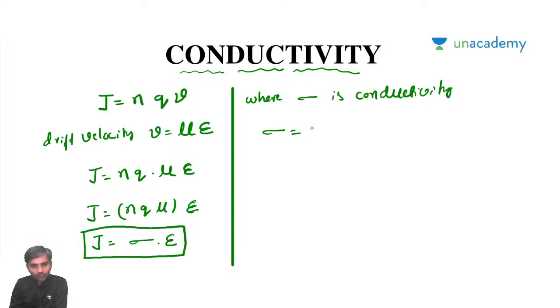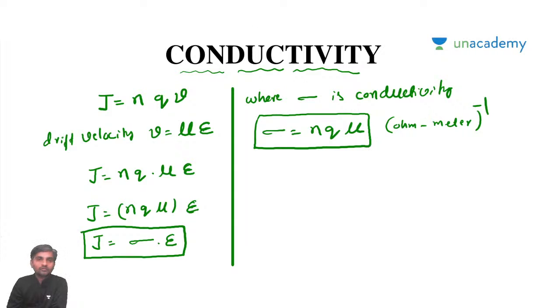Sigma is equal to N Q mu. What are the units for this? The units are going to be ohm meter inverse. Ohm meter inverse is the unit of the conductivity. So remember these two formulas, which are very important.